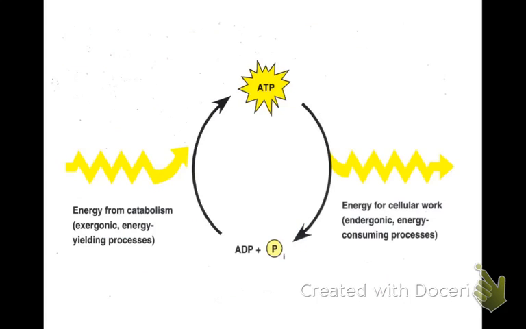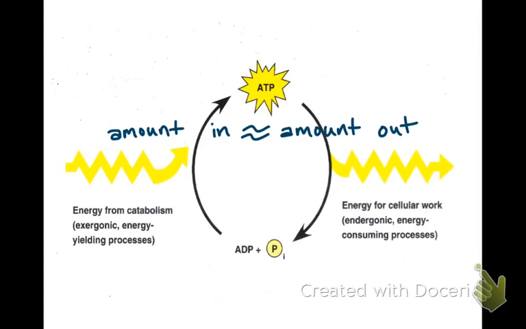ATP is constantly regenerated from ADP and an inorganic phosphate. The phosphate group is called inorganic because it doesn't have any carbon-hydrogen bonds in it. The ATP-ADP cycle and the amount of potential energy that can be released is very close to the amount of energy required to reattach the phosphate to the ADP.